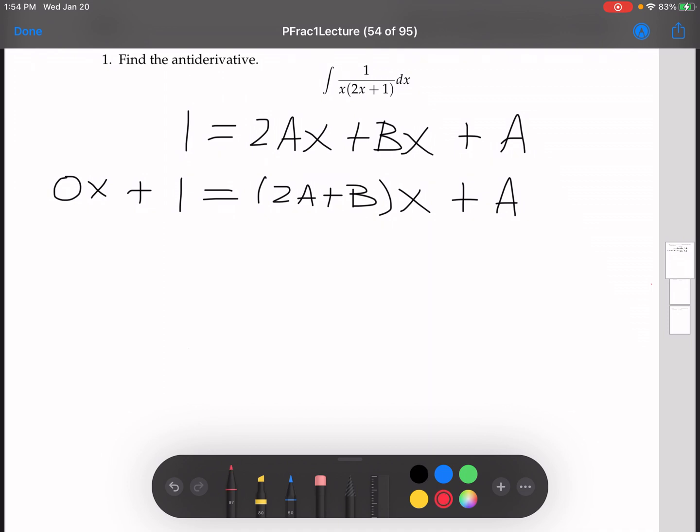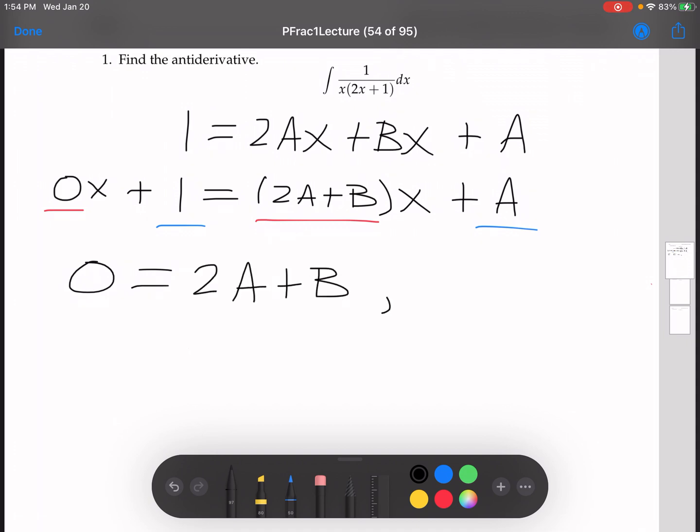So what that amounts to is that 0 has to be equal to 2A plus B, and 1 has to be equal to A. So that tells us that 0 is equal to 2A plus B, and A is equal to 1, or 1 is equal to A, either way.